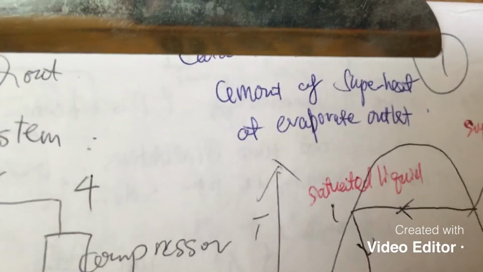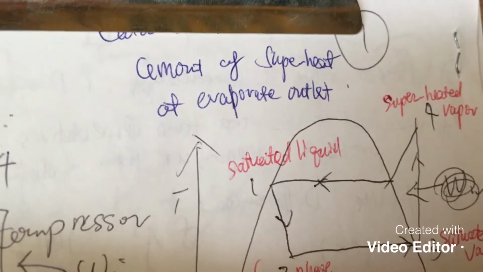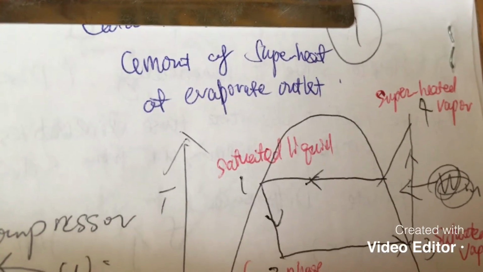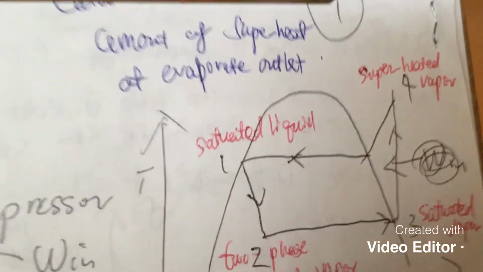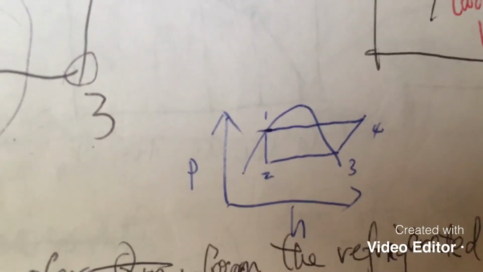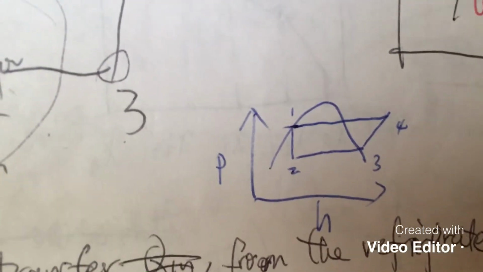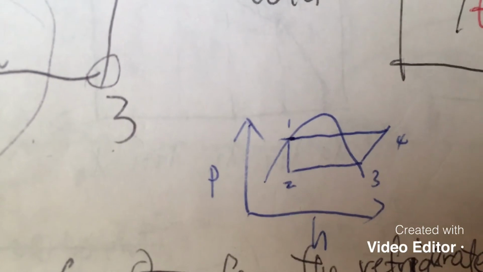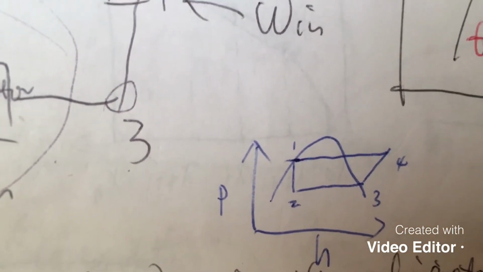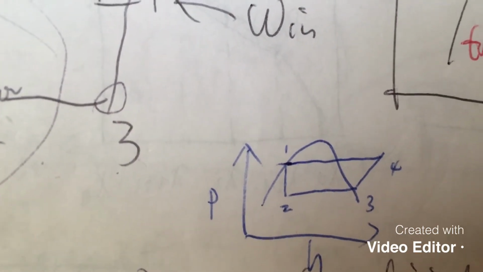Okay, so that's one of the tasks for the first lab. The second task for the lab is for you to calculate the degree of superheat at the evaporator outlet. The evaporator outlet is at 3, right? Number 3. Okay, here 3. So right now in the drawing, 3 is on the dome, right, on the line. That's the ideal condition. But in reality, when you do the measurement, 3 is not exactly on the dome. It will be inside the vapor region.